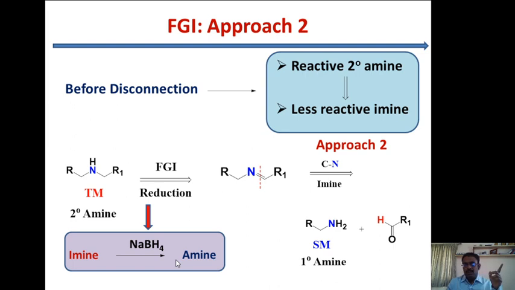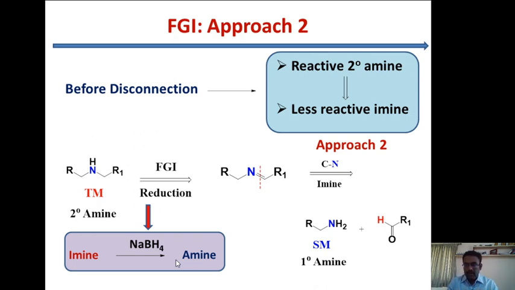We already saw in the first example that whenever we cannot do the disconnection, as we look for a real workable reaction and don't find any such reaction, then we convert the existing functional group into another functional group so that you can do the disconnection. Then you can convert that functional group into the target functional group in the last step.